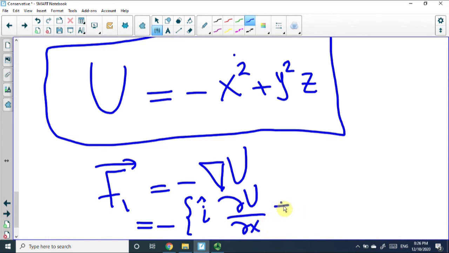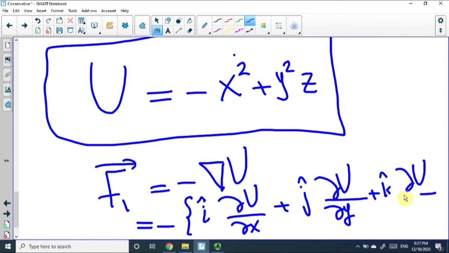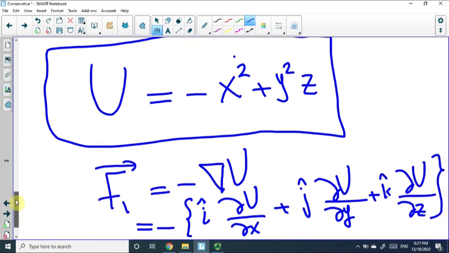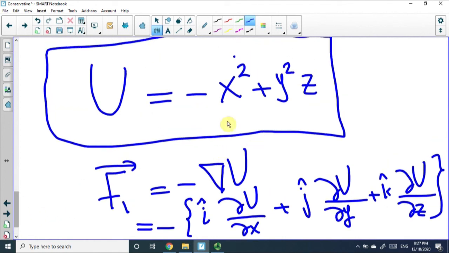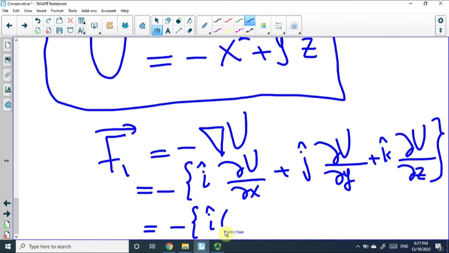Now for the y component, it's going to be partial u partial y, and the last component is going to be partial u partial z. Let's perform the calculation, and that should equal minus the force. Now partial u partial x is just minus 2x. So I'm going to get minus 2x.